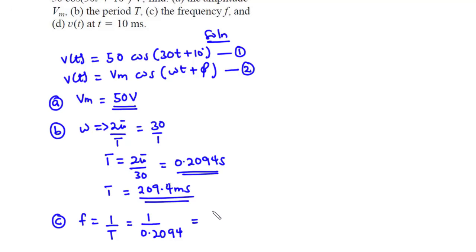So therefore we have f to be equal to 4.7755, and that is equal to 4.78 Hz. Now to D, we are asked to find the value of V of t at t equals 10 milliseconds.